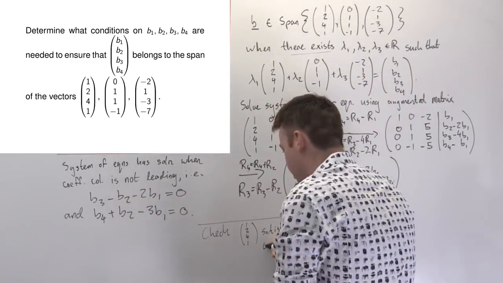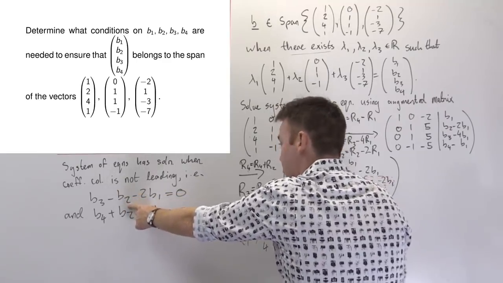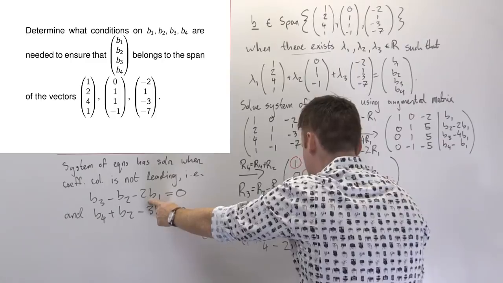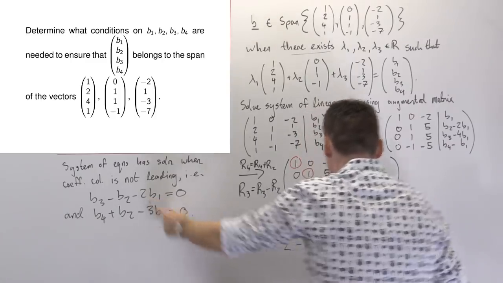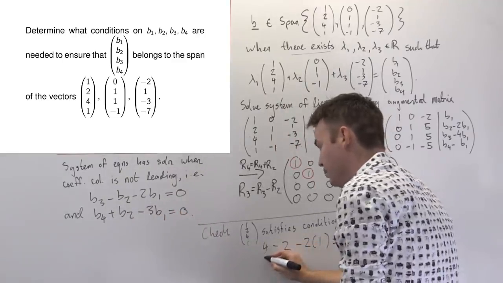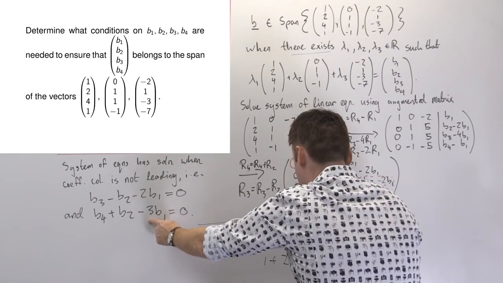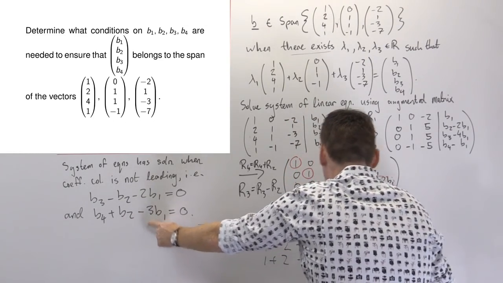Be 3, 4 minus twice the second component. Oh, sorry, minus the second component minus twice the first component is equal to 0. And what's the other one? Fourth component, 1 plus the second component minus 3 times the first component is also equal to 0.